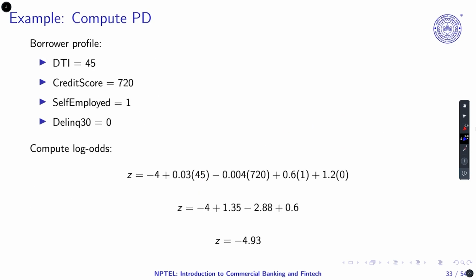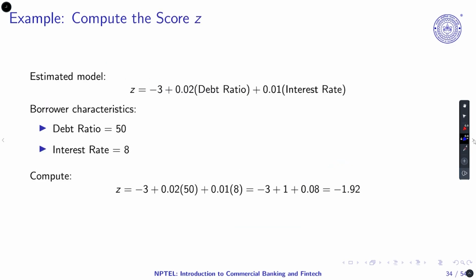Now the idea behind this is how do we calculate the PD? Suppose we have these numbers given, right. So we put these numbers in, and so what we get is the Z value is minus 4.93. This is the example that we get, but we can go by the same procedure that we have done.